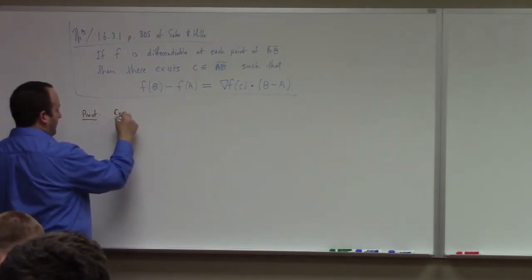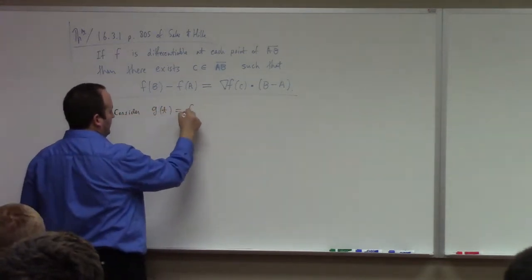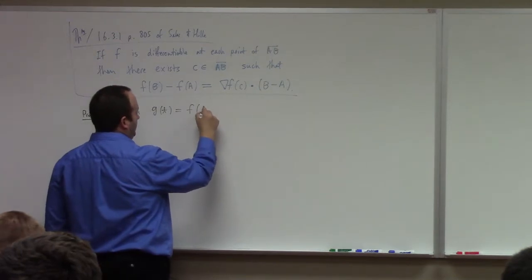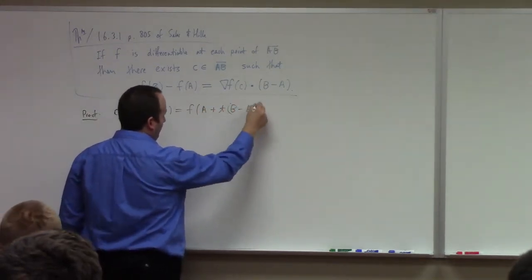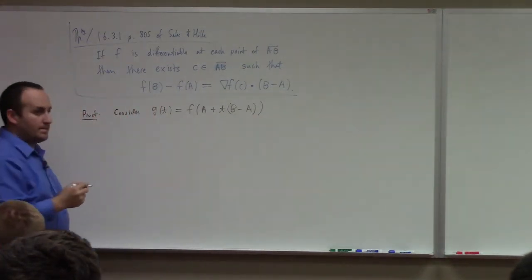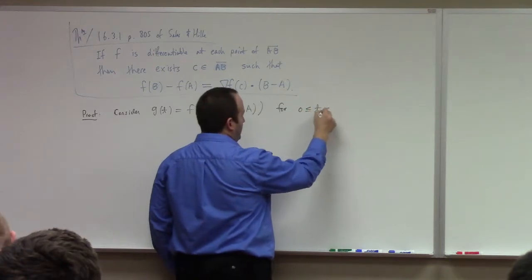Consider g of t, which is equal to f of a plus t times b minus a, for 0 less than or equal to t less than or equal to 1.